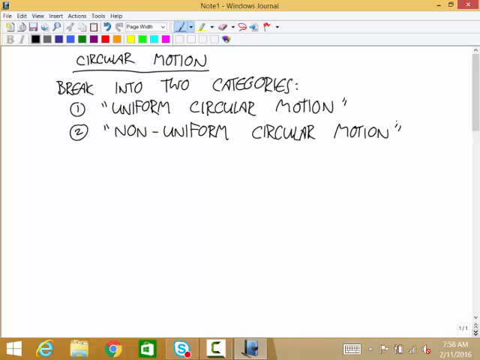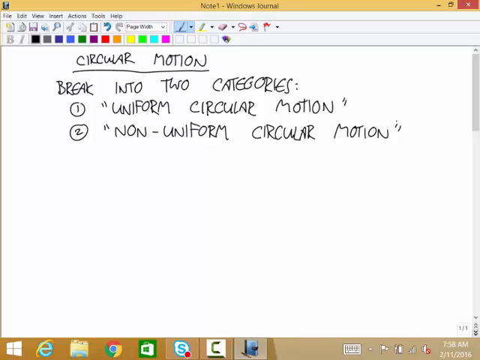So, think about what an object can do when it's moving in a circle, and give me a guess or two about what those two categories stand for. Yep? Uniform is when the acceleration is constant speed. Constant speed, yeah.